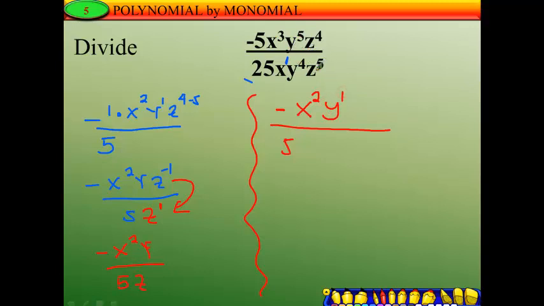For z, note that the exponent in our denominator is larger compared to the exponent in our numerator, so your z stays in the denominator. And then we subtract 5 minus 4, which is equal to 1. So our final answer will be negative x squared y over 5z. Note that you'll be able to get the same result.